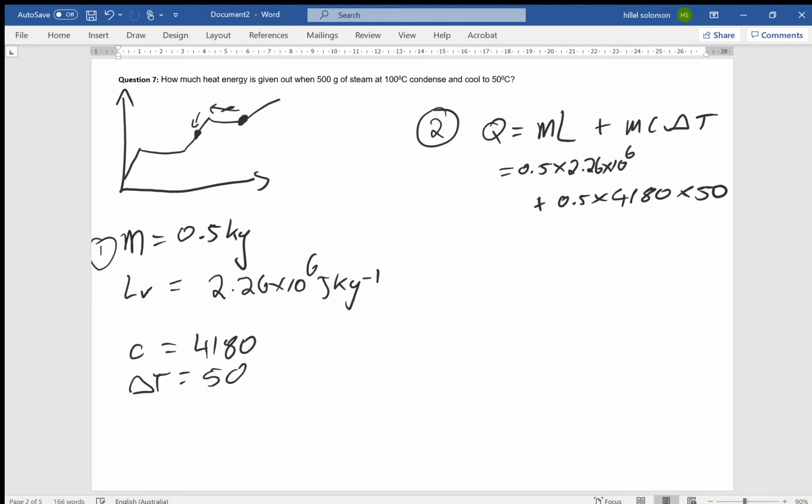We can put all of that into the calculator now, and let's see what we're going to get. So we can go 0.5 times 2260000 added to 0.5 times 4180 times 50.